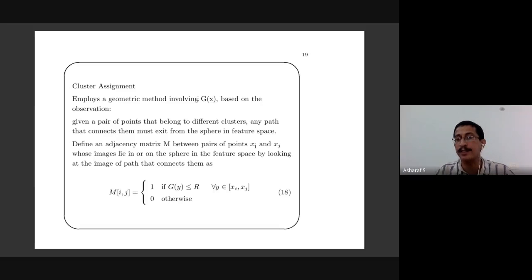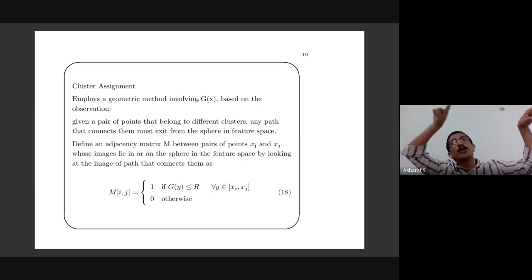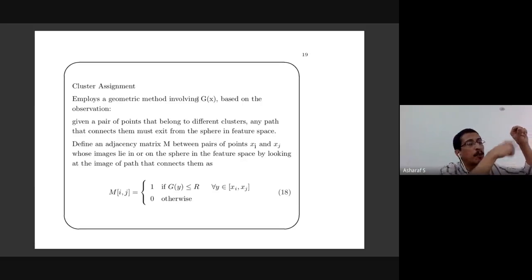That's the definition. The logic is that the boundary of the sphere is essentially the boundary of the clusters, so if connecting these two points hits the boundary, they are in different clusters. Given a pair of points that belong to different clusters, any path that connects them must exit from the sphere in feature space.